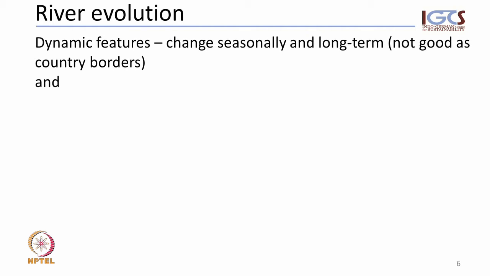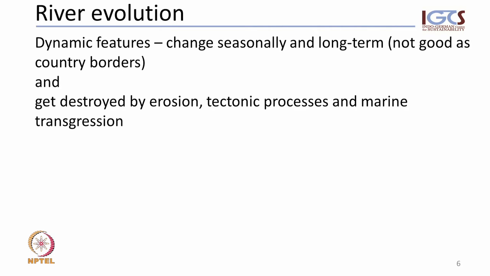They change seasonally and they change their position and flow long term. So for that reason they are often not good as country borders. They also disappear or get destroyed by erosion, by tectonic processes, and by repeated marine transgressions. So rivers come, change their location, change their flows, and eventually also disappear from the landscape.